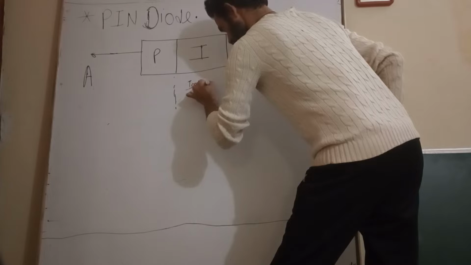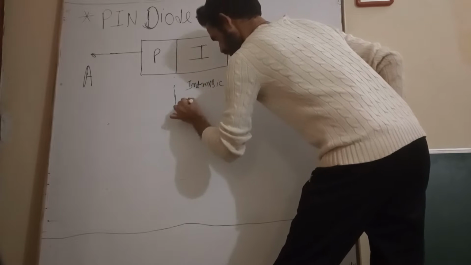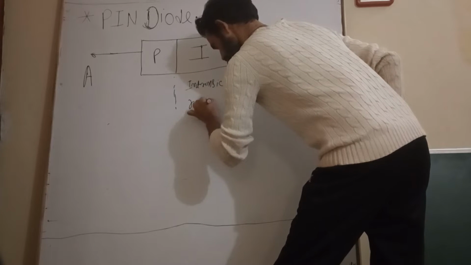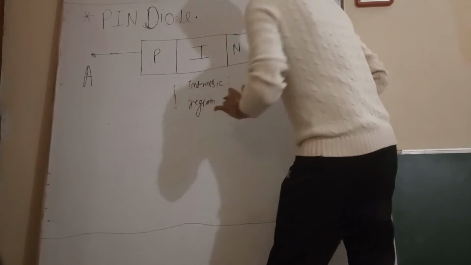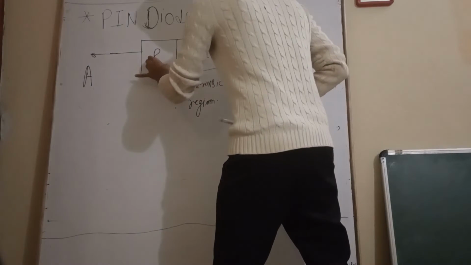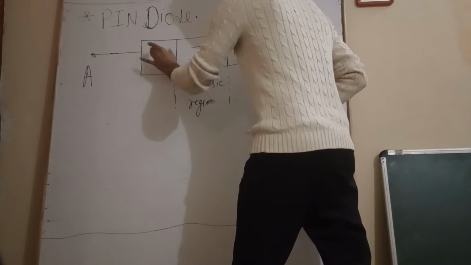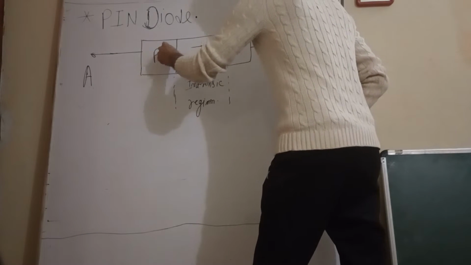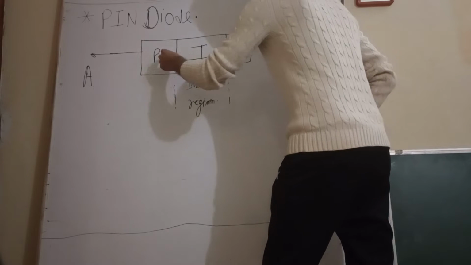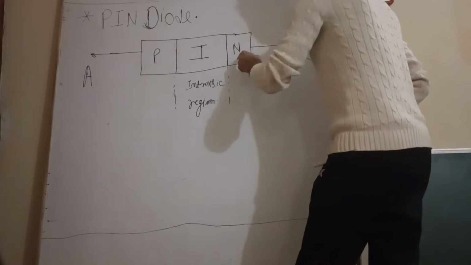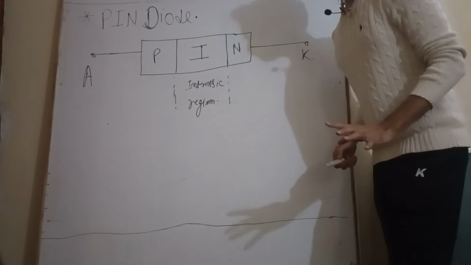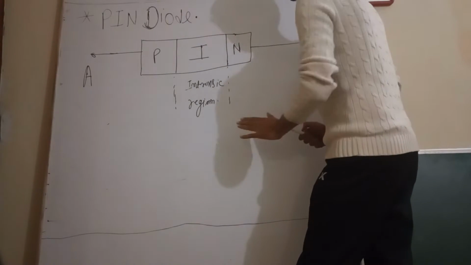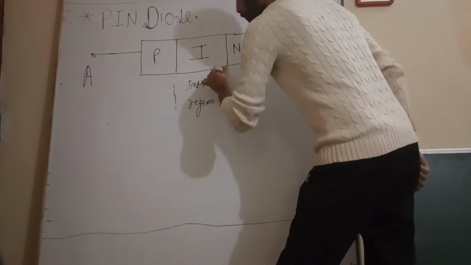P means trivalent impurity, and here we have doped trivalent impurity, and here we have doped pentavalent impurity.